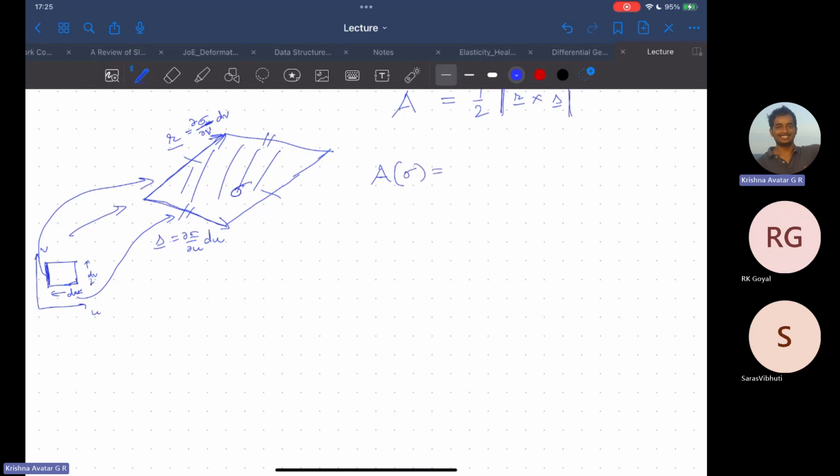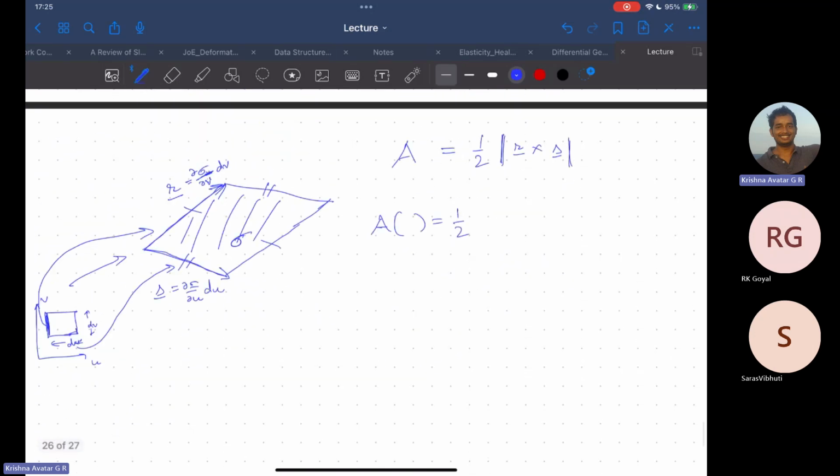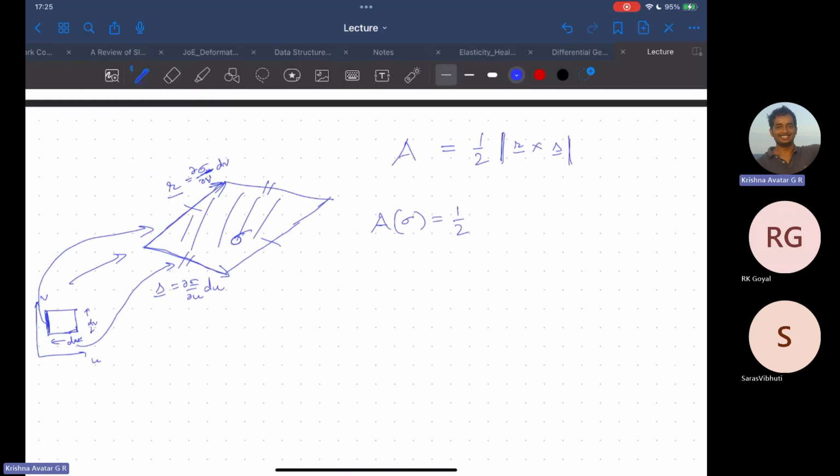So the area of this patch, so this patch we consider to be sigma. So A of sigma will be equal to half. Again, I should not call this the complete. Okay, let's consider that to be very small, right? Let's consider them to be sigma. So A sigma is equal to half of sigma u du cross sigma v dv.